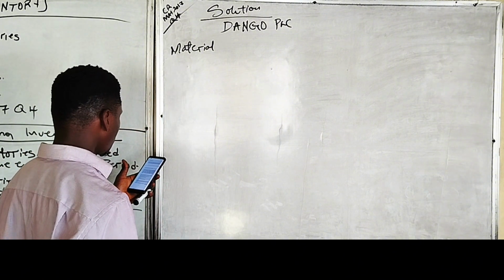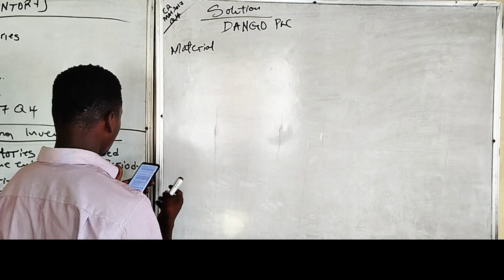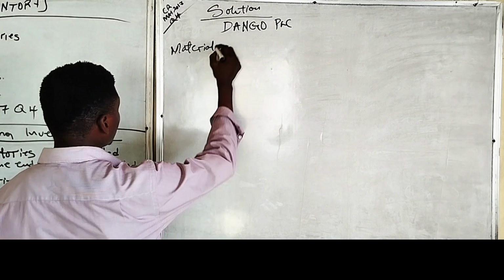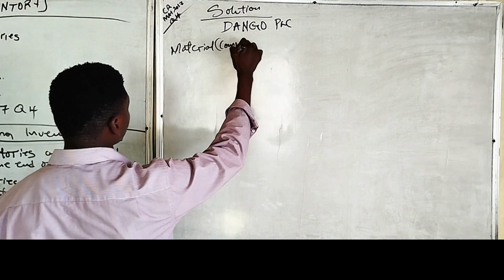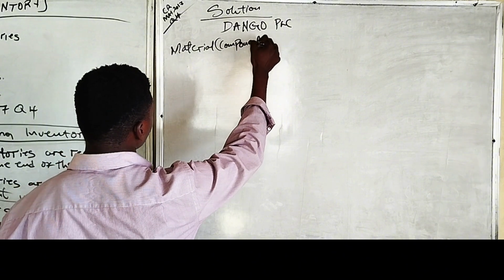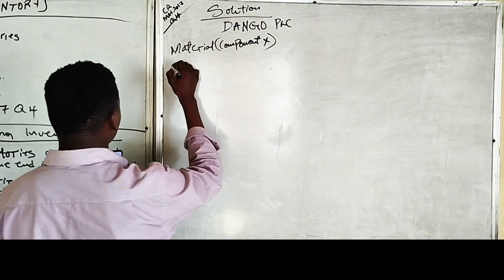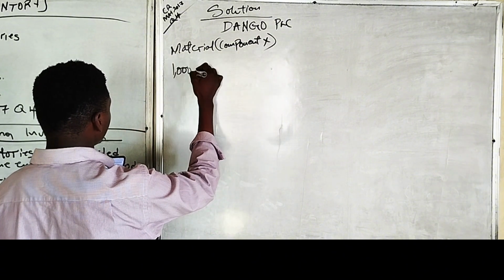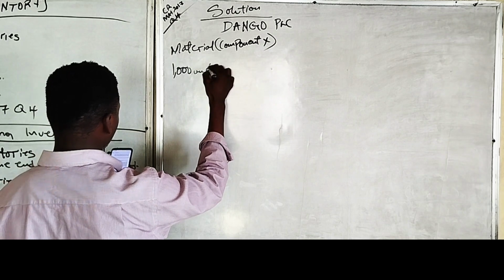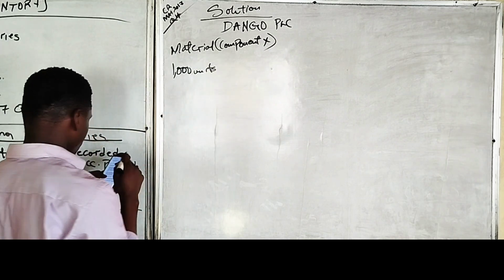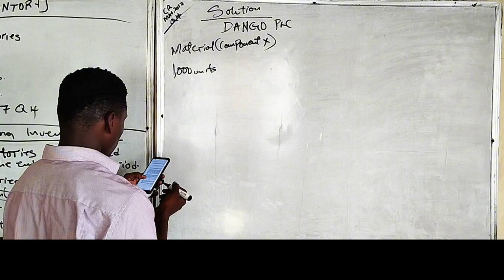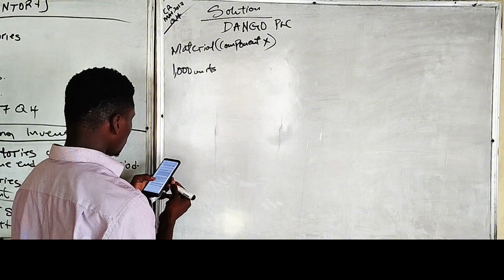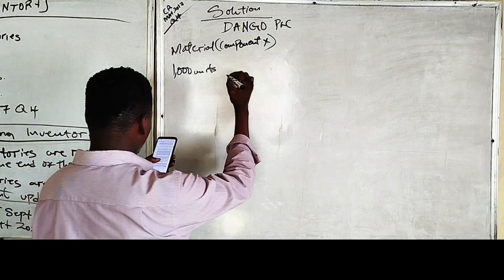It has recently taken delivery of 1,000 units of component X. So the material is component X. So it purchased 1,000 units for the production of chemicals.